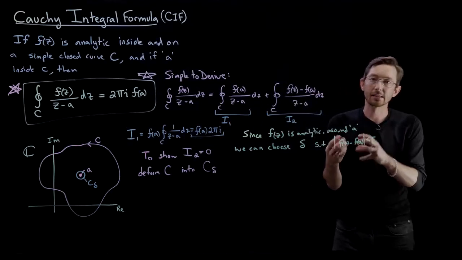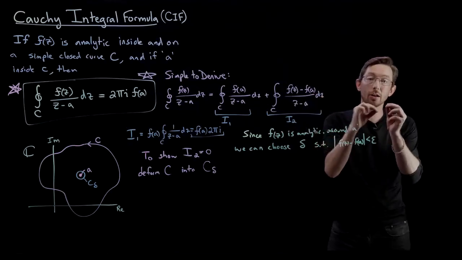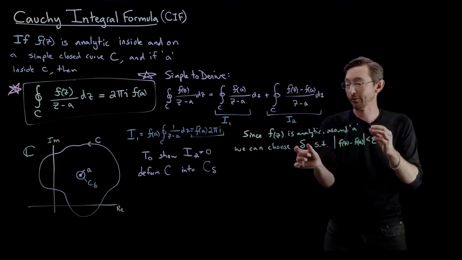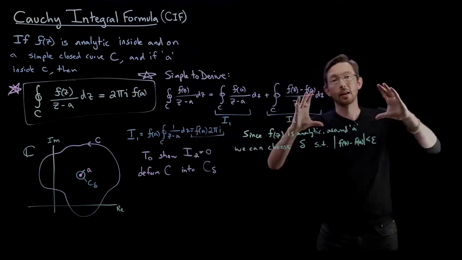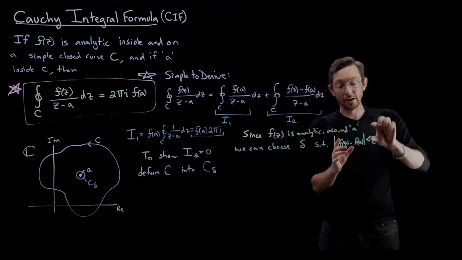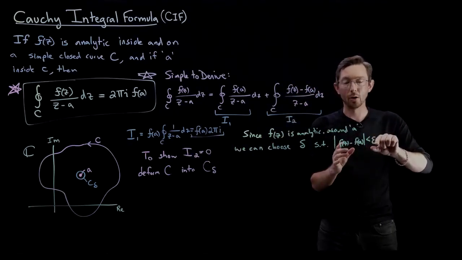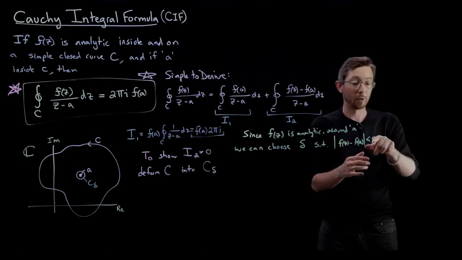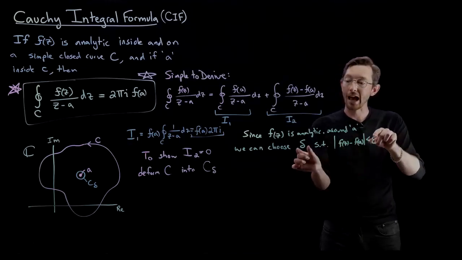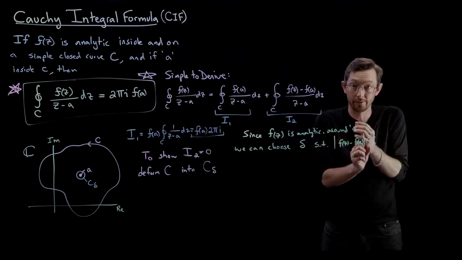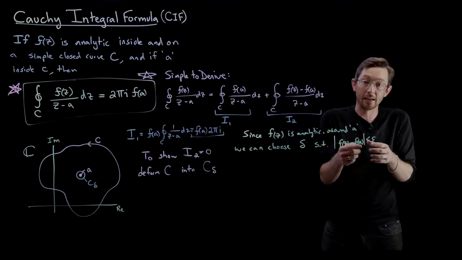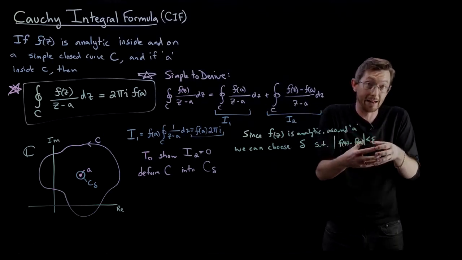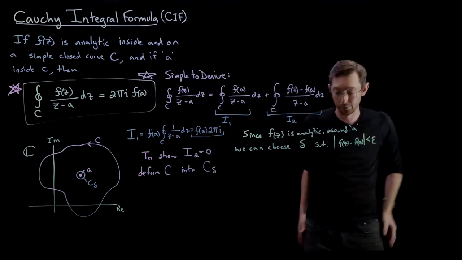And so what that means is that as I get really, really close to that point a, for that radius delta, for any epsilon I like, no matter how small, if this is 0.001 or 0.00001, whatever I choose epsilon to be, I can find a delta close enough that |f(z) minus f(a)| is within that epsilon. That's a delta-epsilon proof.